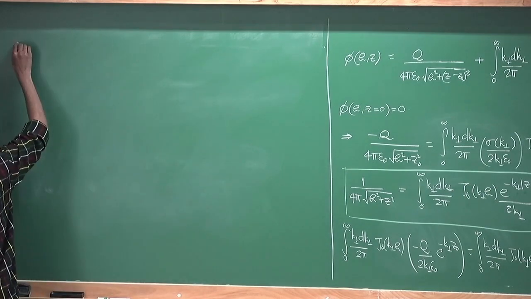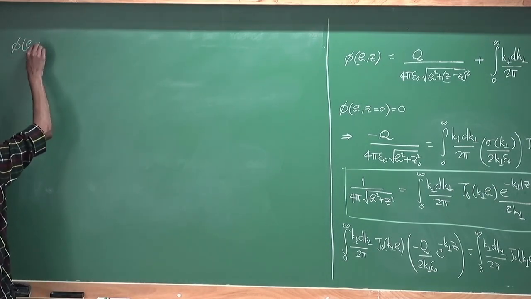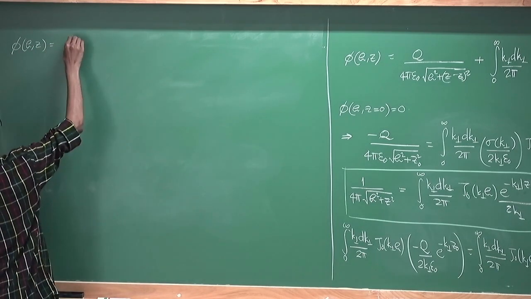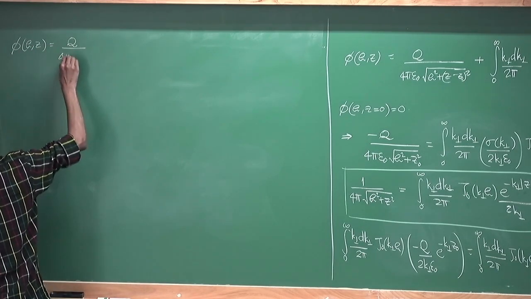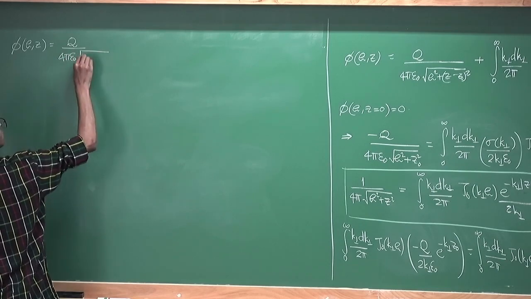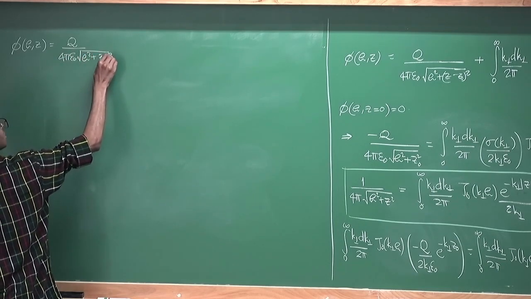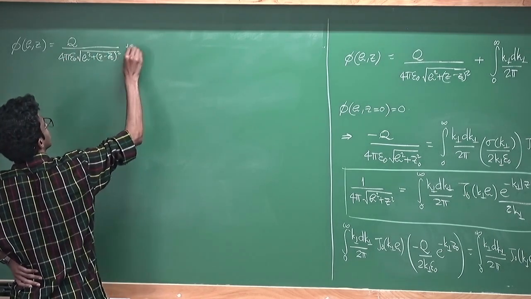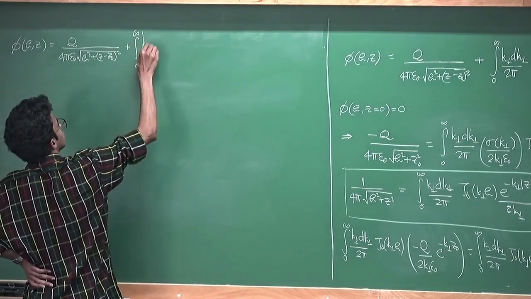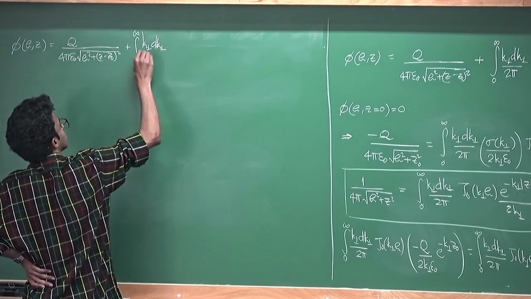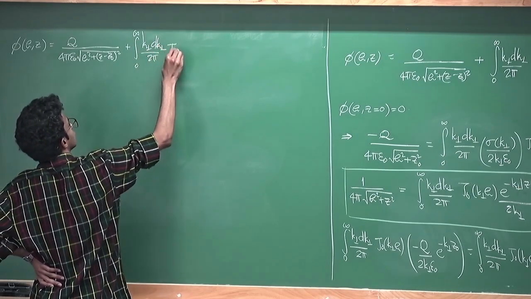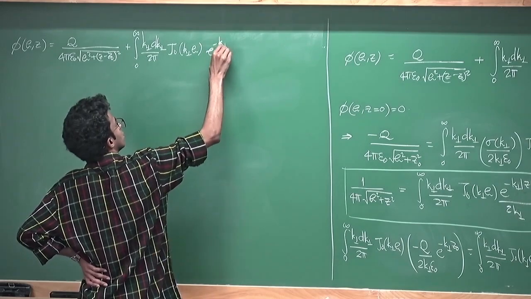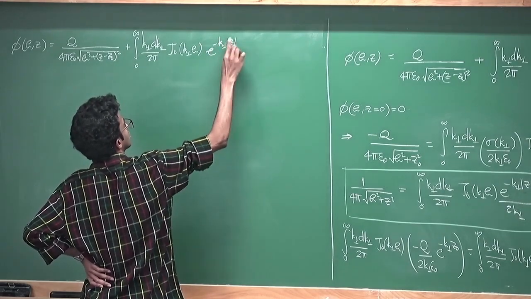So the final potential in that problem becomes, remember that you had a Q by 4 pi epsilon naught square root rho squared plus z minus z naught squared. Okay. And the rest of the thing we wrote is integral 0 to infinity k perpendicular dk perpendicular over 2 pi J naught, mod z just becomes z.